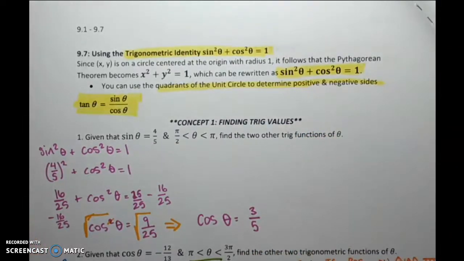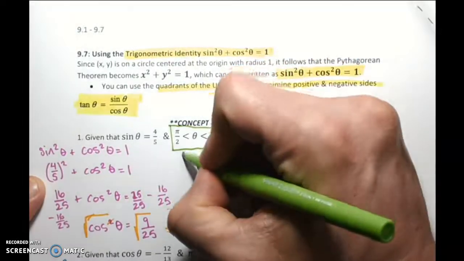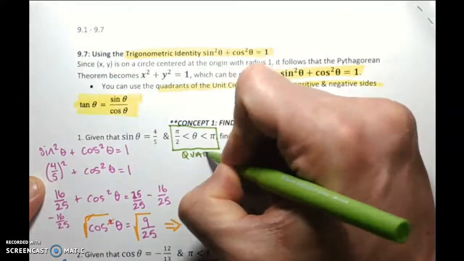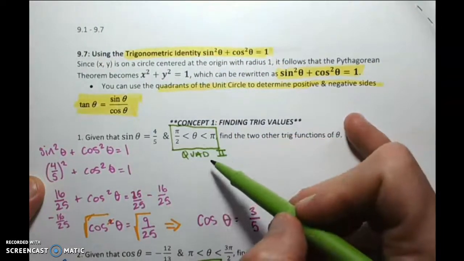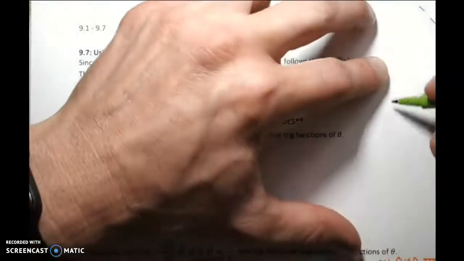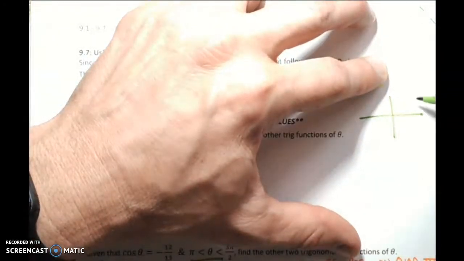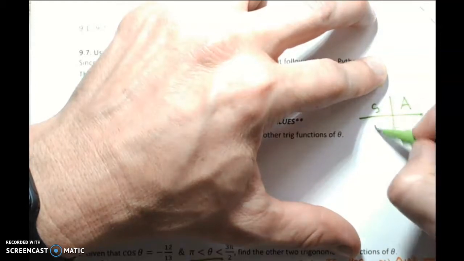Okay, now, as I talked about before, I have to consider the quadrant. This is quadrant 2. Is cosine positive or negative? Well, again, here's my All Students Take Calculus: all, sine, tangent, cosine.